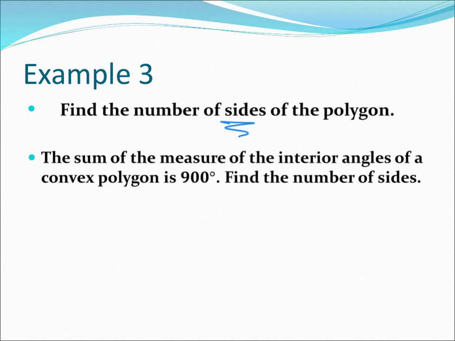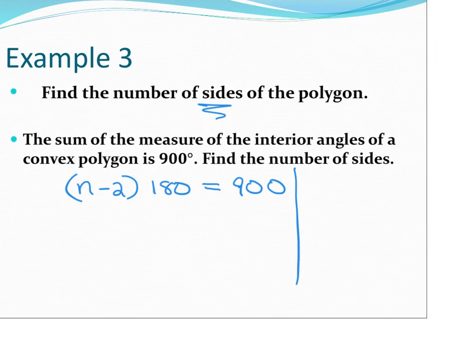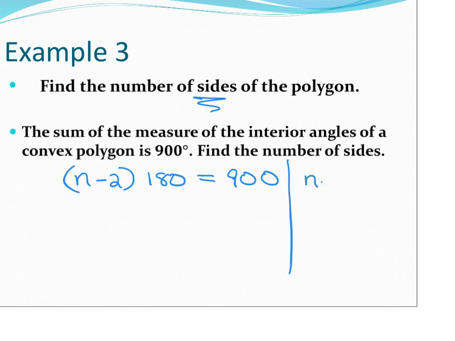So we're going to use the same formula. We're using n minus 2 times 180, but now instead of them giving me a value of n, they're telling me what this formula equals, and it equals 900. Now, I can solve this two ways, and I'm going to show you both ways, depending on how your Algebra 1 teacher taught this, or even your pre-algebra teacher.